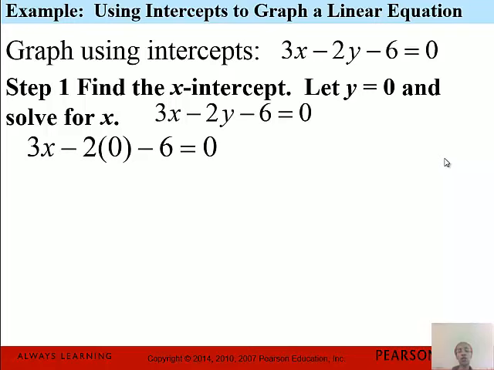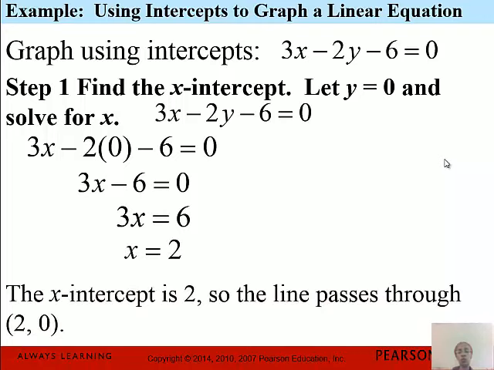So 3x minus 2 times 0 minus 6 equals 0. That means 3x minus 6 is 0. If we add 6 to both sides, 3x is 6. Now let's divide both sides of the equation by 3 to obtain x equals 2. So the x-intercept is 2. So the line passes through the point (2, 0).